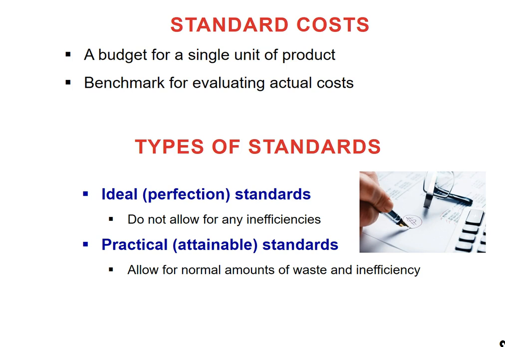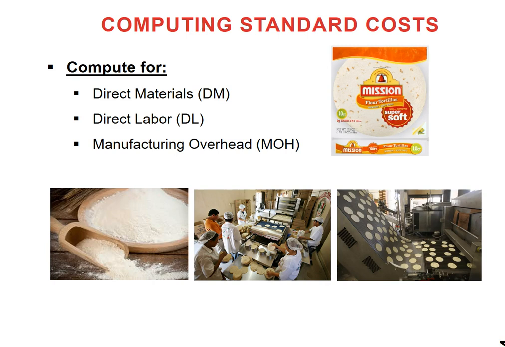So when we think of everything from a practical point of view, we'll try to take care of all those inefficiencies, and we will fix a practical standard rather than an ideal standard. And basically practical standards are really attainable, but ideal standards may not be attained in every situation.